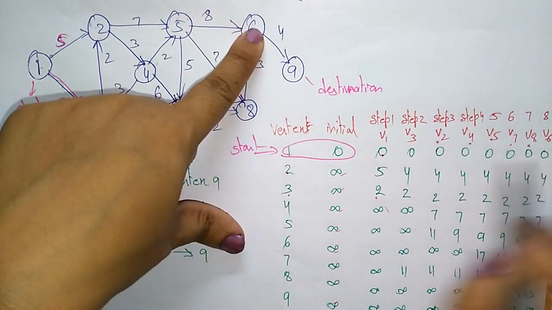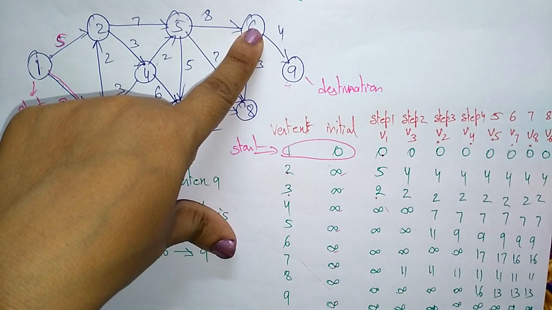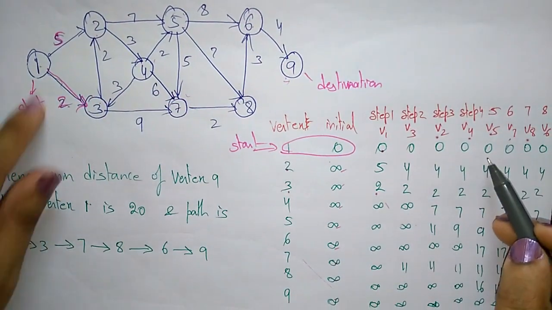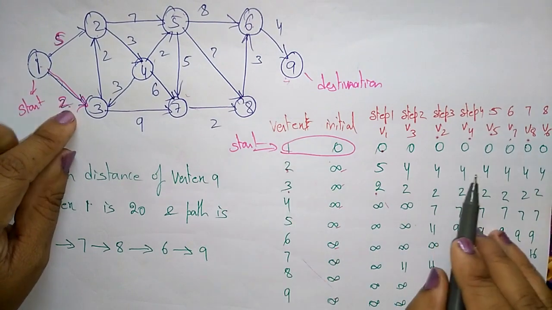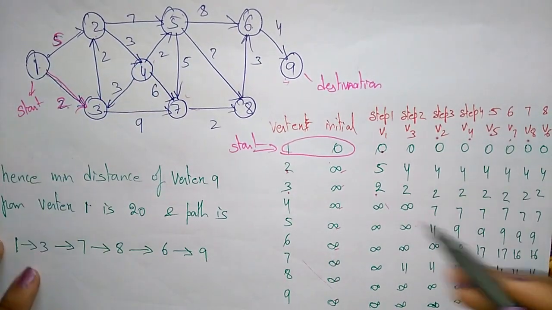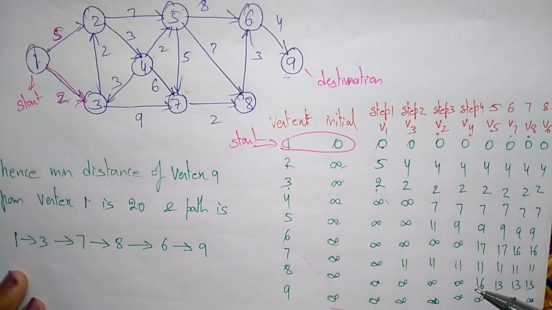Finally the last ones should be infinity. Like that it is checking each and every vertex and the edge values of that vertex, and we mark the chart like this.